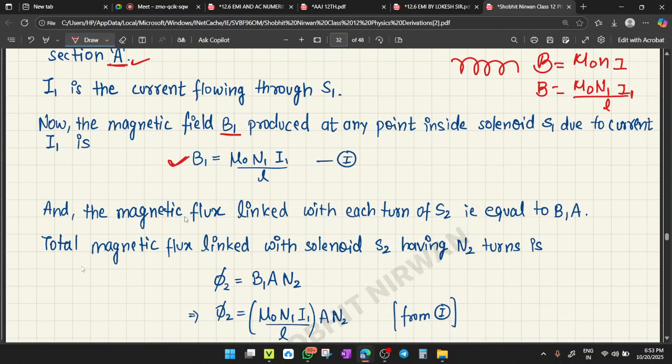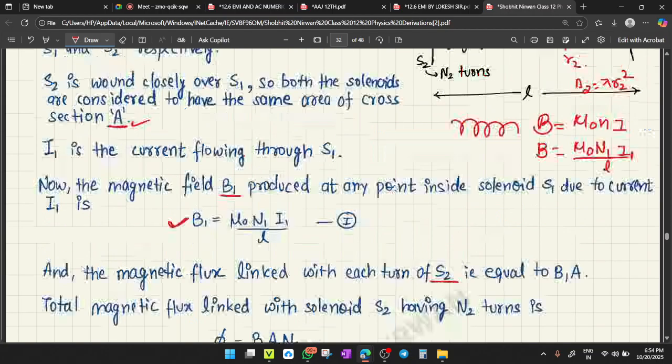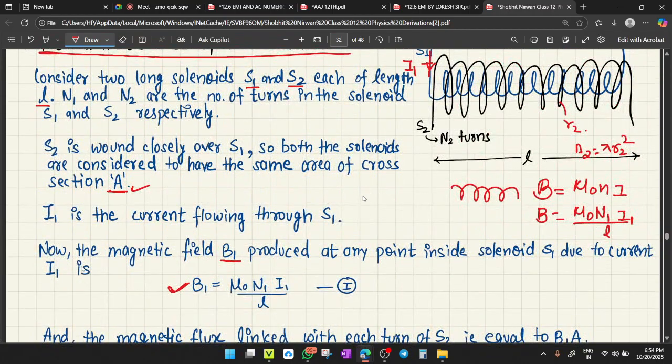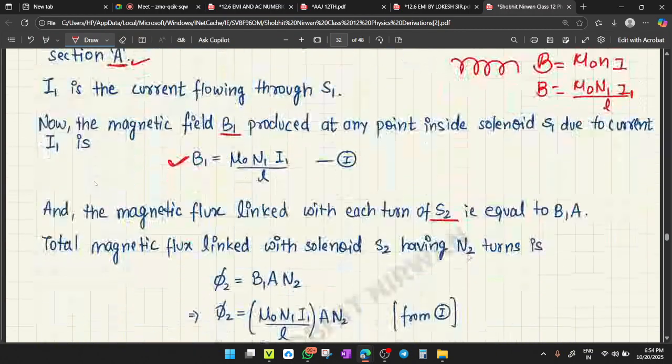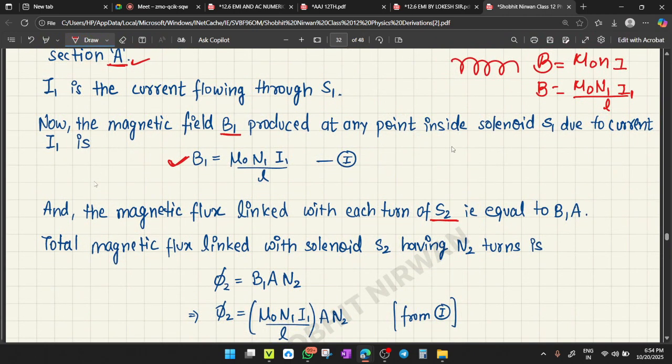Now the magnetic flux linked with each turn of S2. Calculate the magnetic flux linked with S2. For S2, the magnetic flux linked equals B1 into A, right?